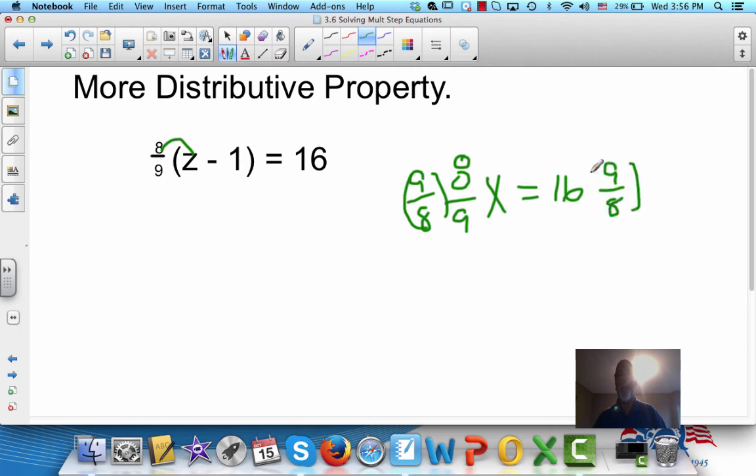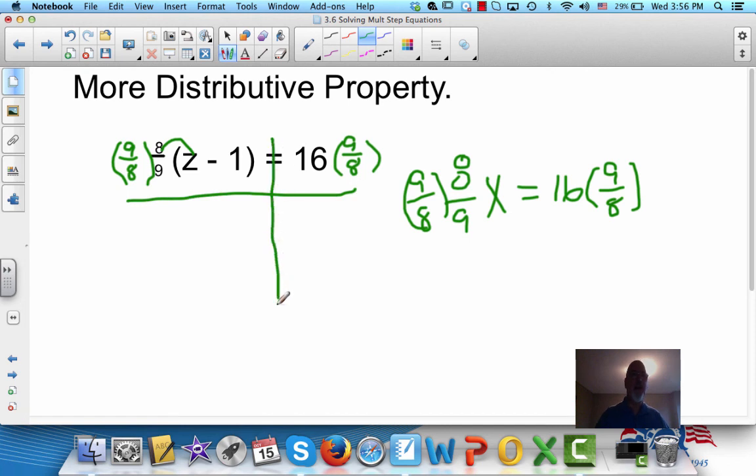Well, you do this one no different. You've got 8/9 times something. Over here you had 8/9 times something. The way you solved it over here was multiplying by the reciprocal. So the way you're going to solve it over here is by multiplying by the reciprocal as well. And so we multiply this side by 9/8 as well. Draw a line.